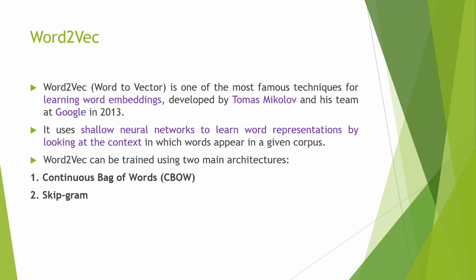It uses surrounding words to determine the target word. There are two architectures which you can use to train the data: continuous bag of words and skip-gram. We will discuss these in detail.